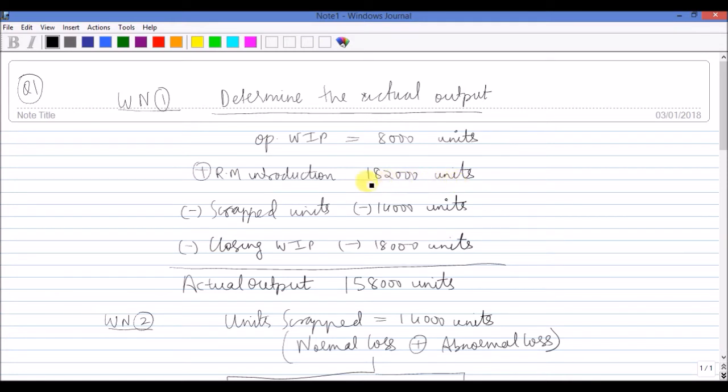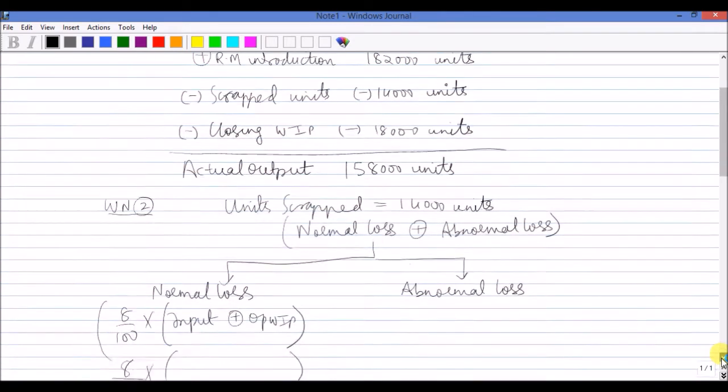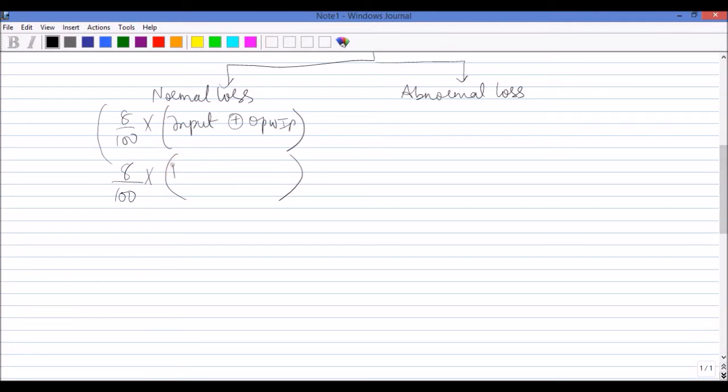1,82,000 units is the input, and 8,000 units is the opening work in progress. So we shall consider these two: 1,82,000 plus 8,000.